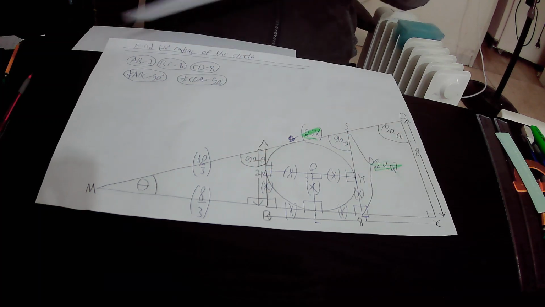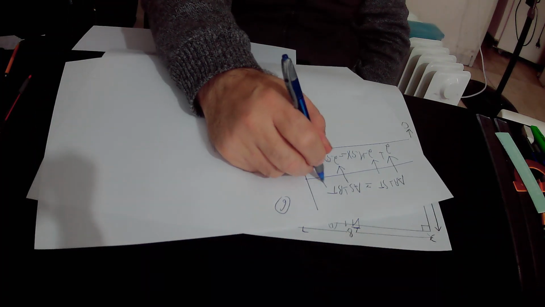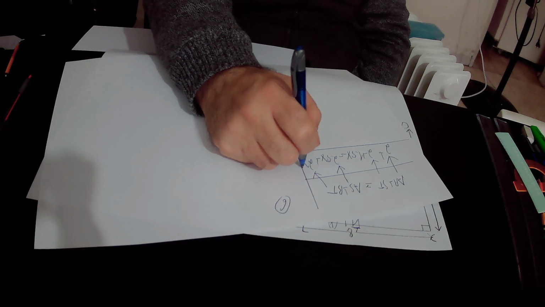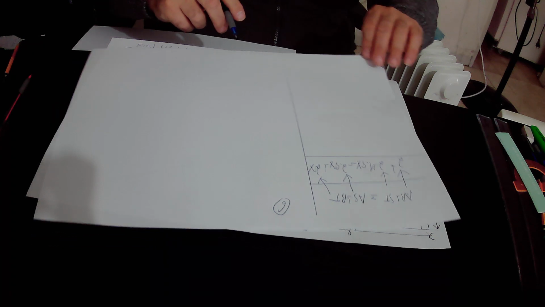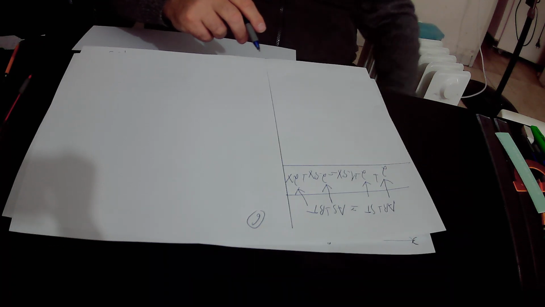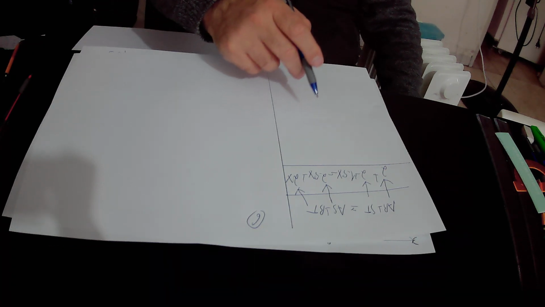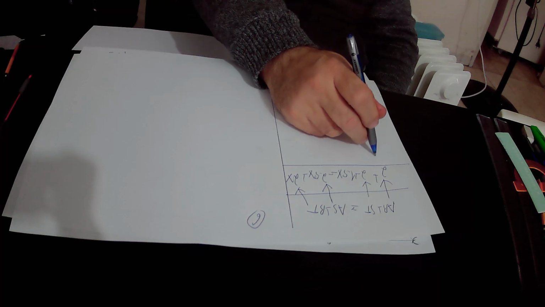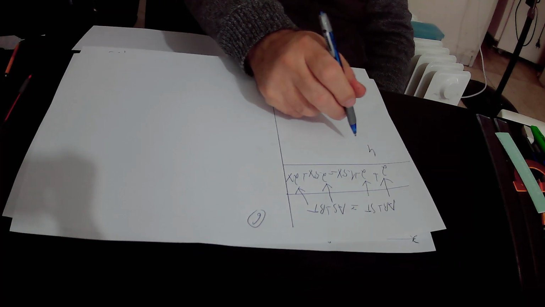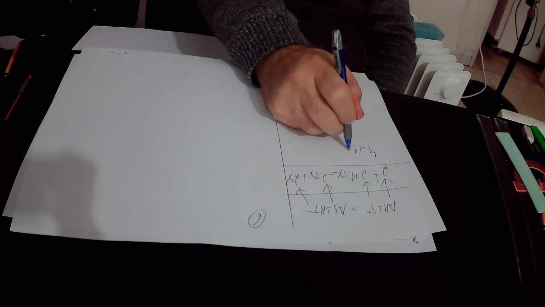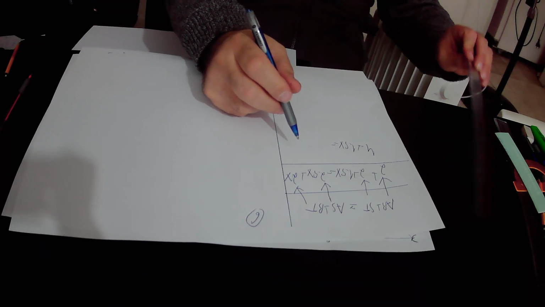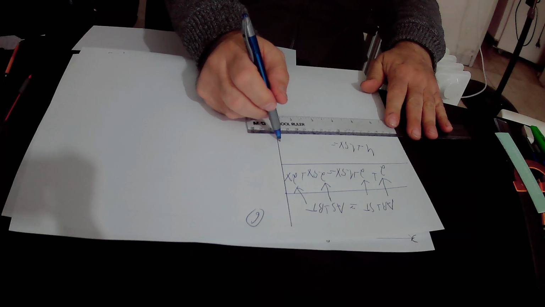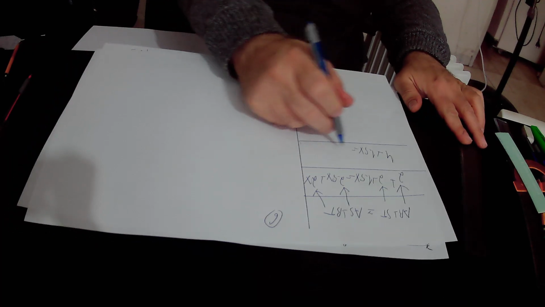So we substitute BT here by 2x. In conclusion, we found that 2 plus 2 plus 1.5x equals 2.5x plus 2x. 2 plus 2 is 4. So on this side of the equation we have 4 plus 1.5x, and on the other side we have 2.5x plus 2x, that is 4.5x.